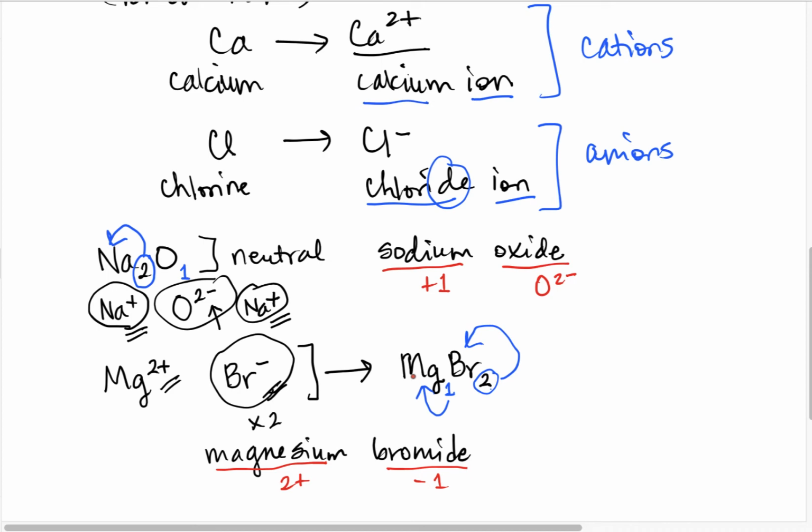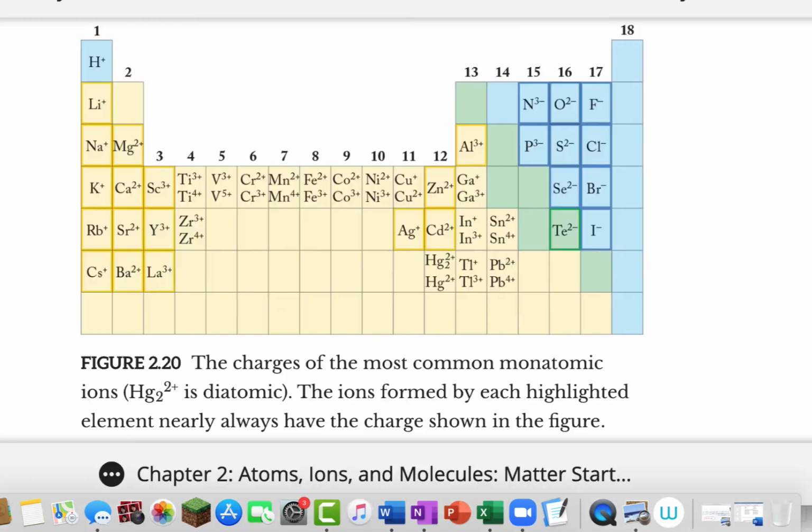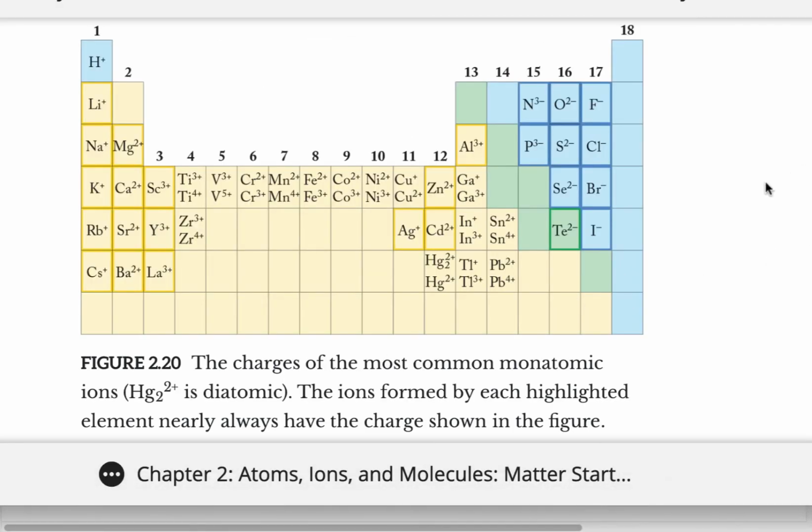So you should make sure that you go over to our list on Google Chrome here. Sorry, that's the browser I'm using. It seems to work pretty well with our book. This figure 2.20 in our book, this one, you will need to know all of these ions and their charges and their names, although that kind of comes along with it, right? And we're learning these elements anyway. So this is duplicate information.